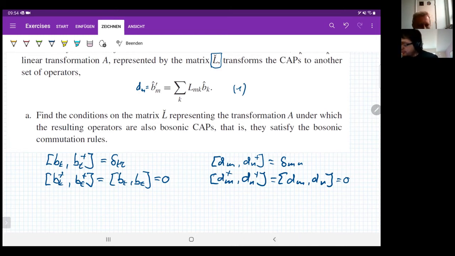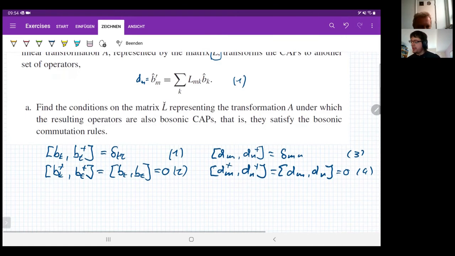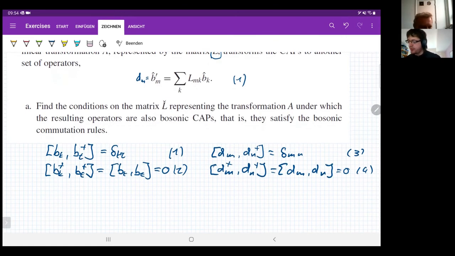Now we have a set of equations 1, 2, 3, 4. And so how do we tackle this? For question A, we insert 1 into 3, where we take the commutation relationship, which gives us the delta function.